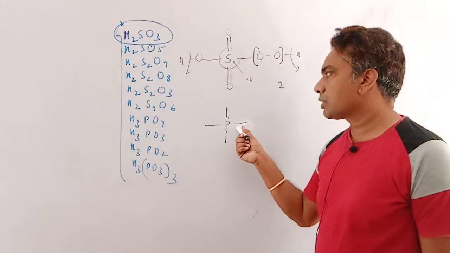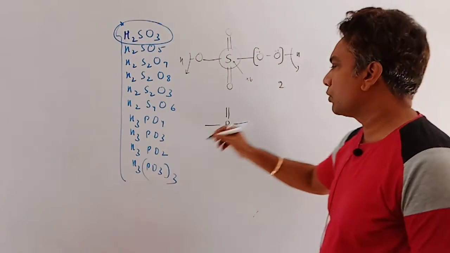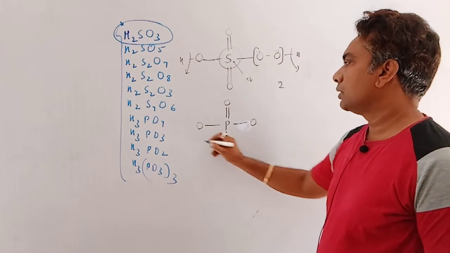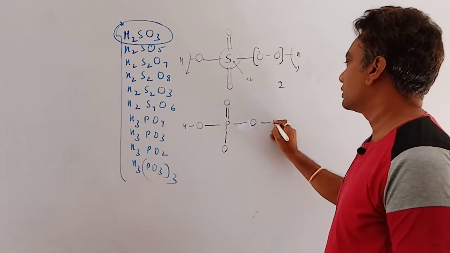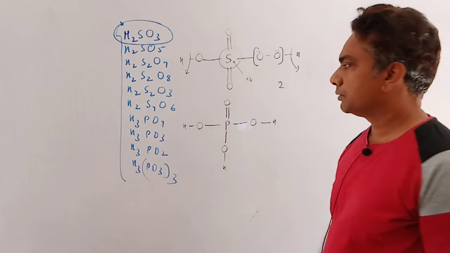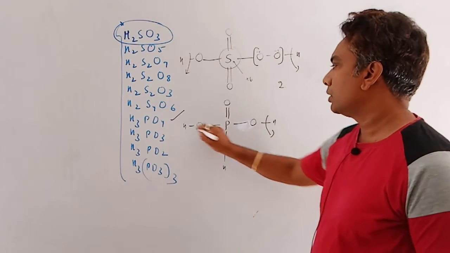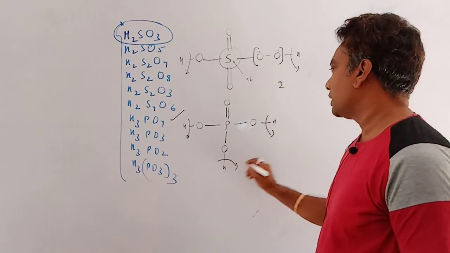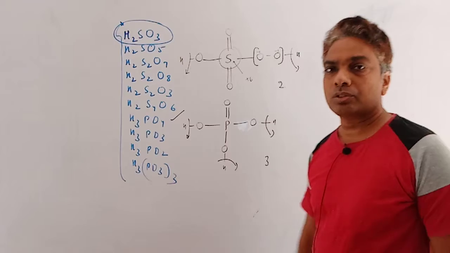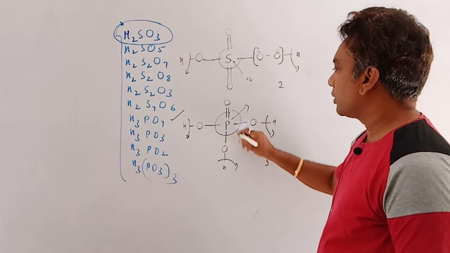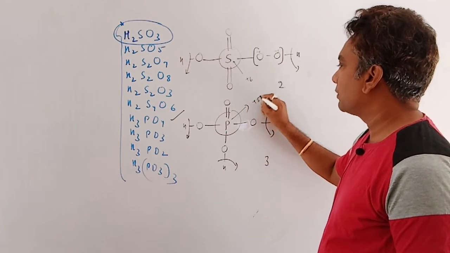While in case of phosphorus, here is H3PO4, we have 4 oxygens like this, 3 hydrogens like this. So this molecule is H3PO4, in which all 3 hydrogens are replaceable in nature. So the basicity of this molecule is 3, as well as the oxidation state of phosphorus will be +5.